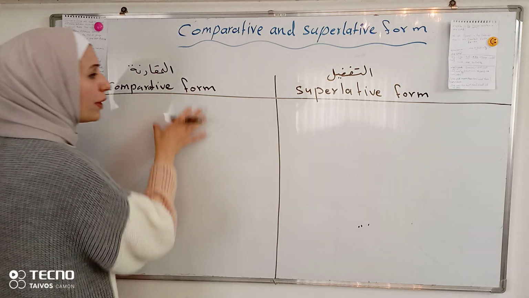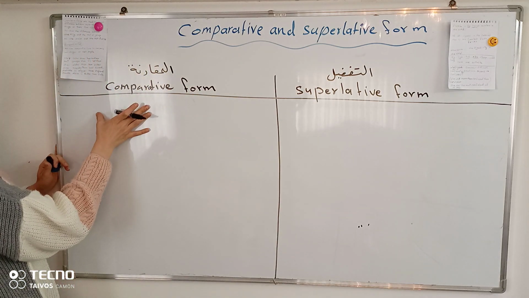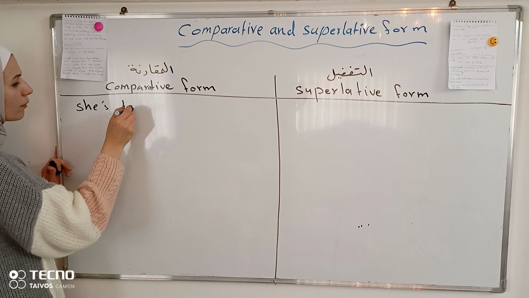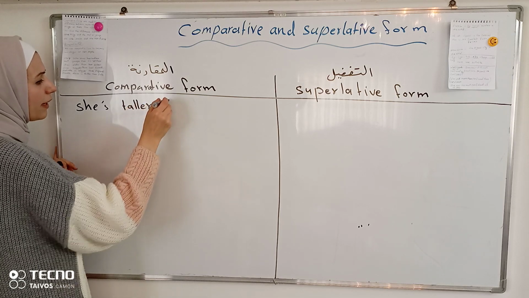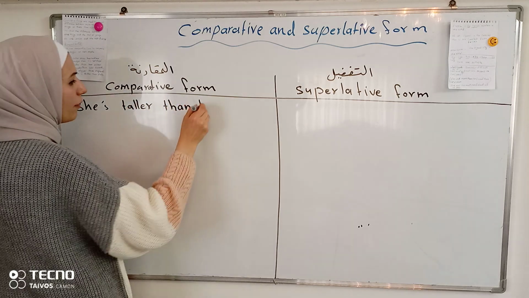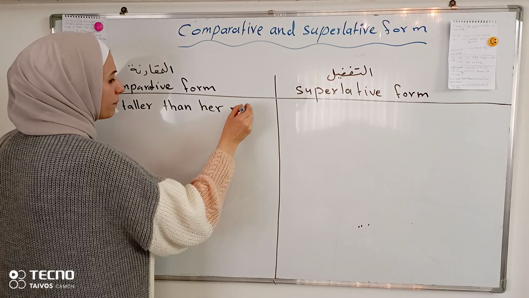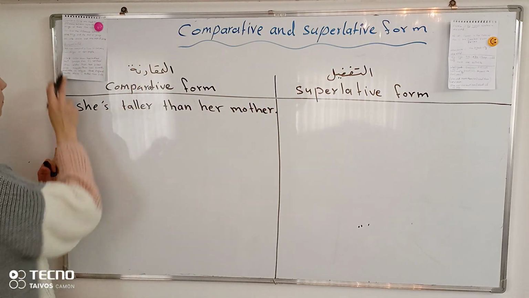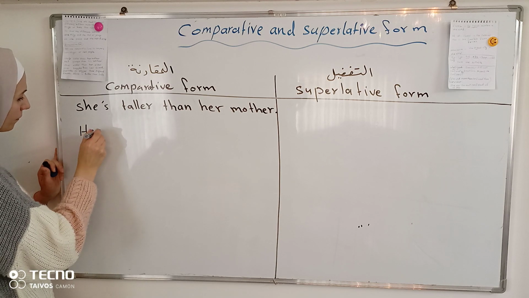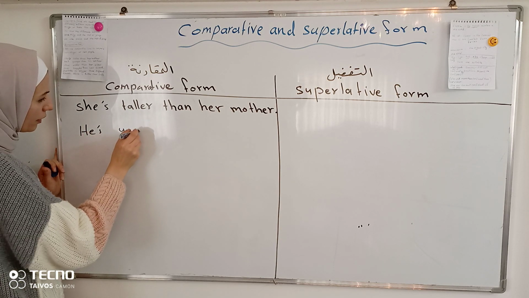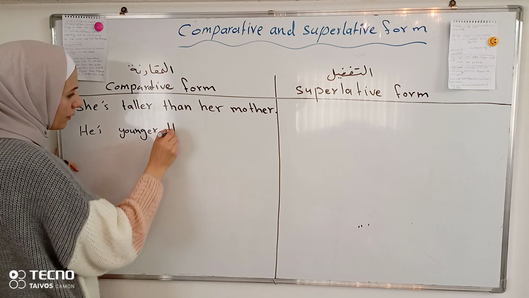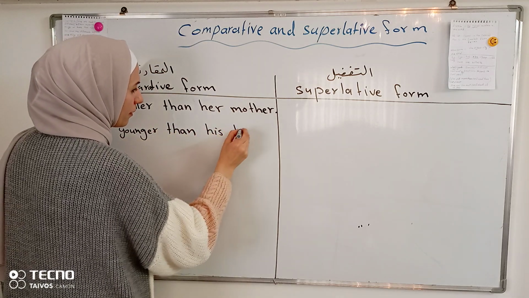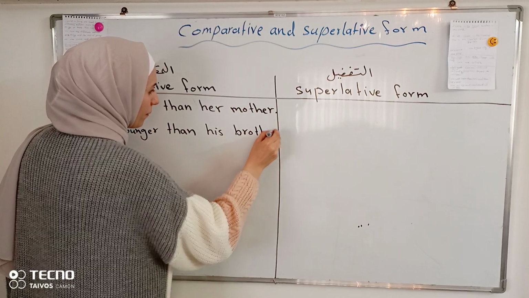Okay, now we are going to take some examples about comparative form. She's taller than her mother. Or maybe he's younger than his brother.